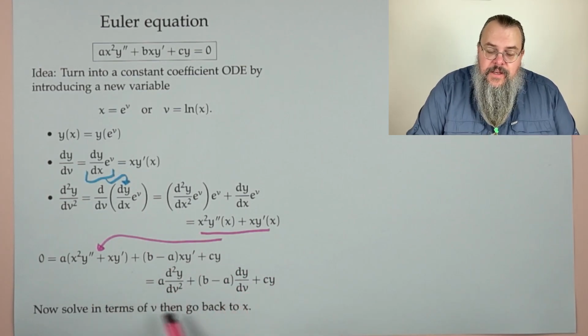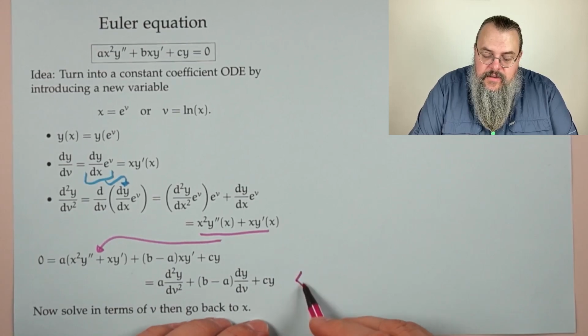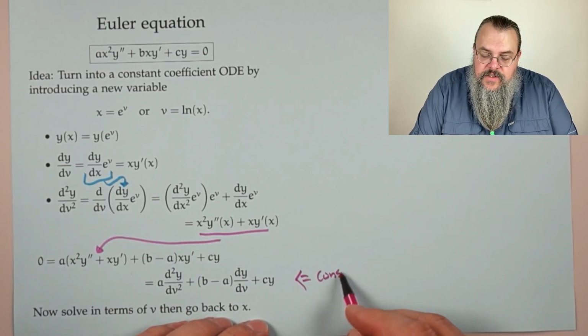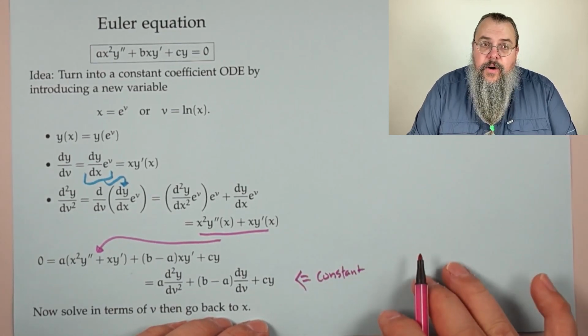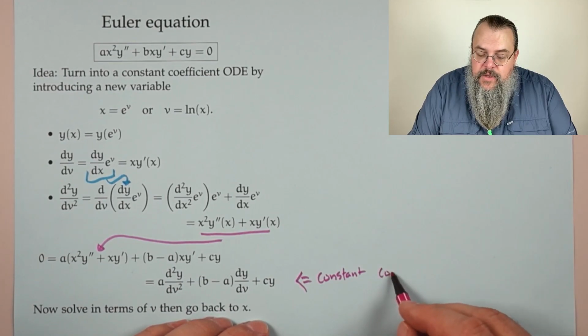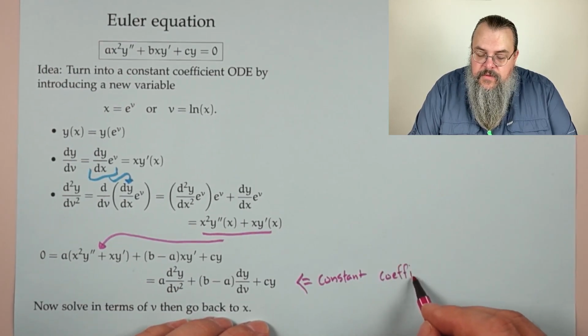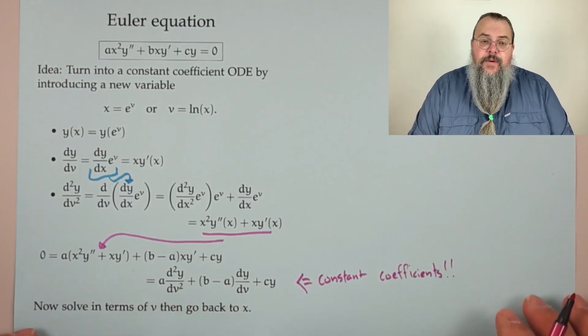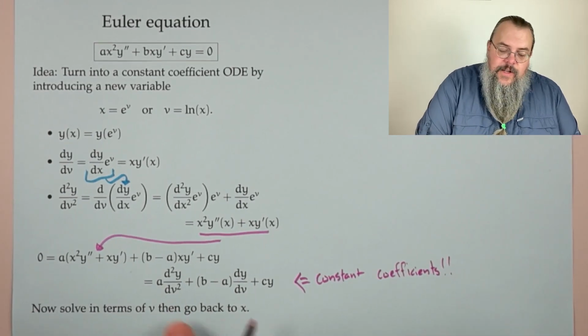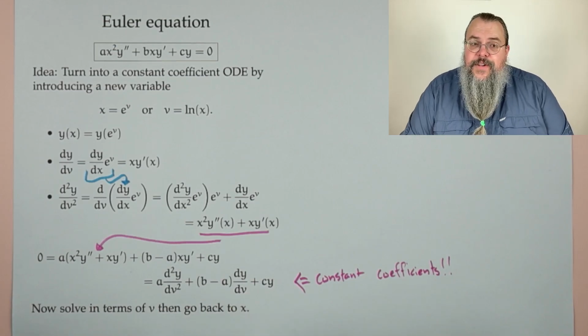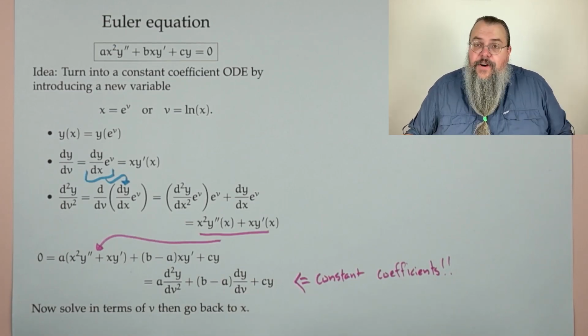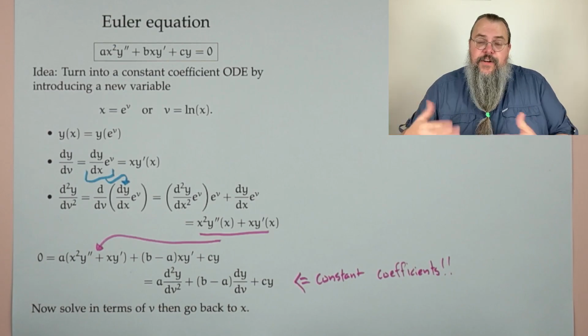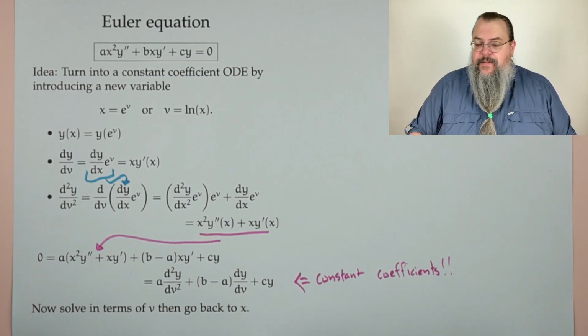And what do you see? Aha, this is constant coefficients. And why do we like that? Well, because we have a method. So now we can use our tools for solving constant coefficients and solve this differential equation in terms of nu, then go back to x.